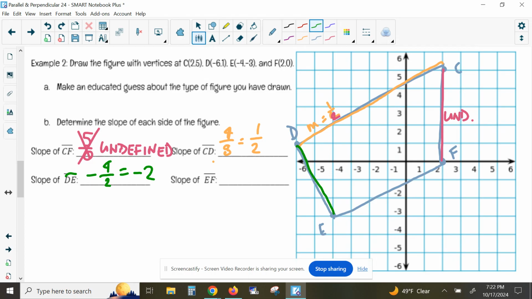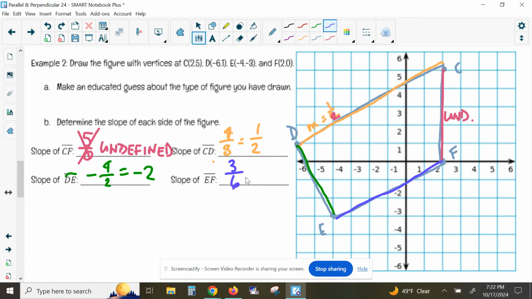My last side, I'm going to do blue, is from E to F. This is going uphill, so I anticipate this to be a positive, uphill, increasing. So I'm going to start at E and do 1, 2, 3, and then run 1, 2, 3, 4, 5, 6. So that is a slope of 3 over 6.